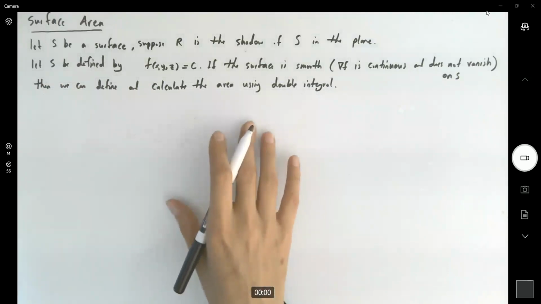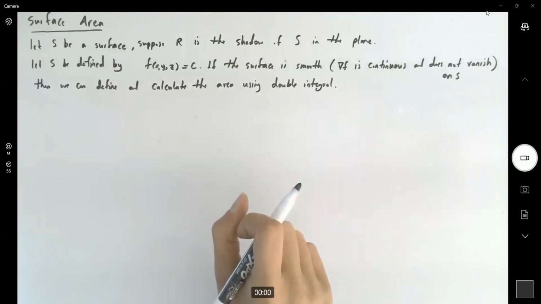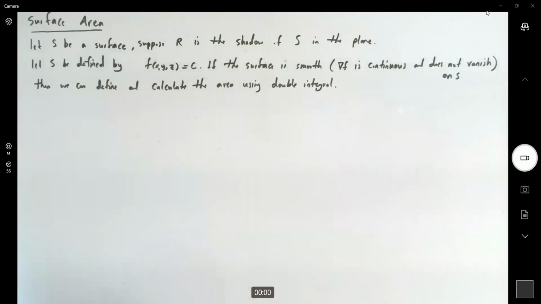How do we do that? So the very first step is to partition S into smaller regions. Suppose we graph this.